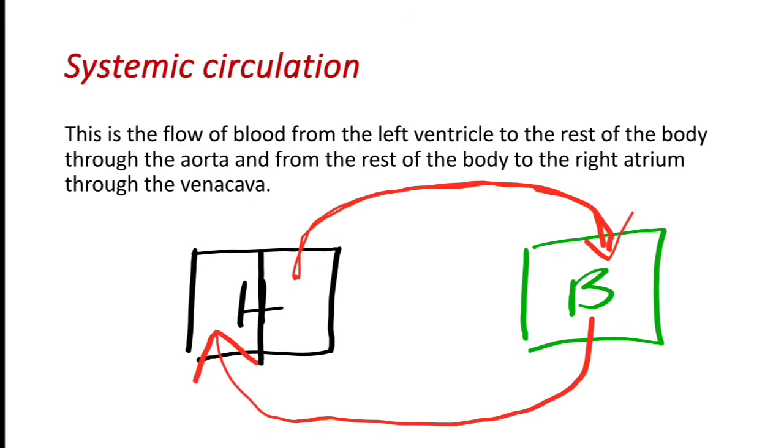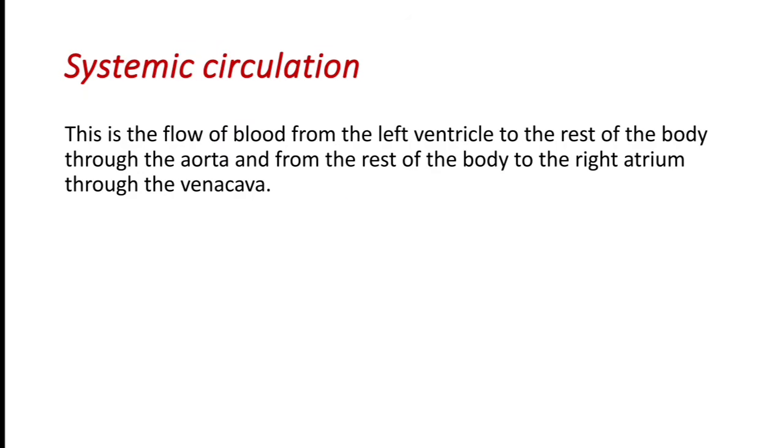And this blood which now came back to the heart is oxygenated. The purpose of systemic circulation is to simply distribute the oxygen. So as oxygenated blood has been collected from the lungs, it now has to be distributed to all parts of the body. And the blood vessel that is responsible for distributing that oxygenated blood is the aorta.